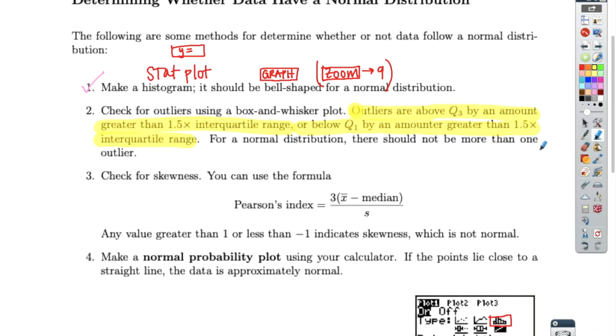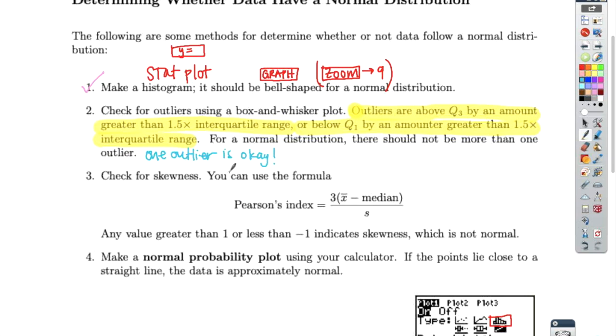So 1.5 times the interquartile range is a key value here. Also, just one quick note: there should not be more than one outlier, but one outlier is okay. More than one is not okay, but one outlier is fine.